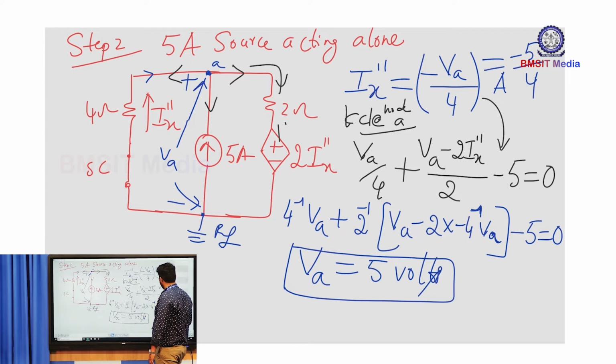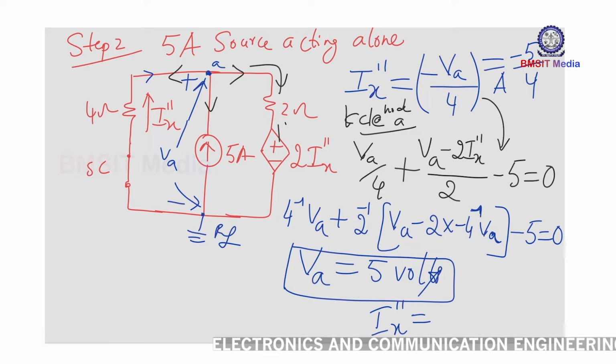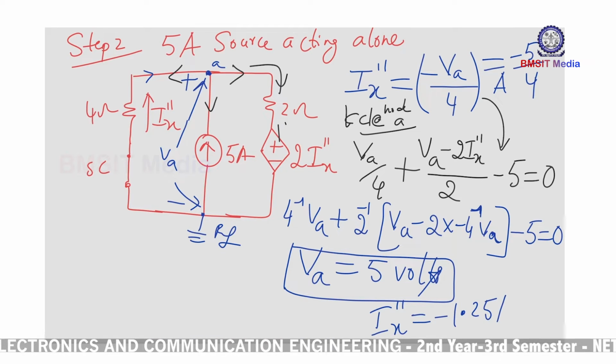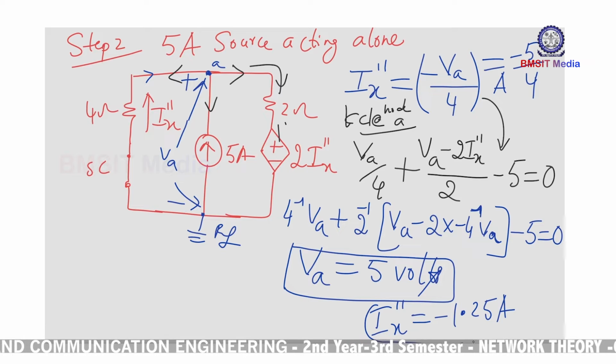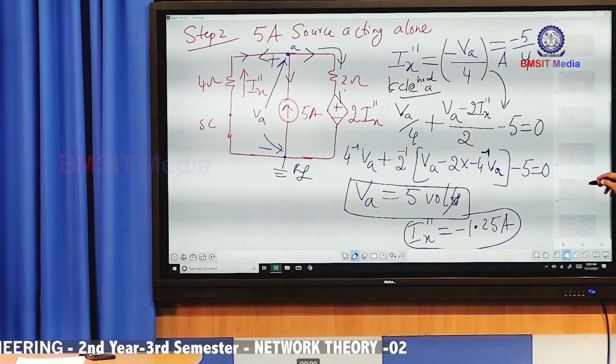So it is minus 5 by 4, it is minus 1.25 amperes. Minus 1.25 amperes, again by SPT.